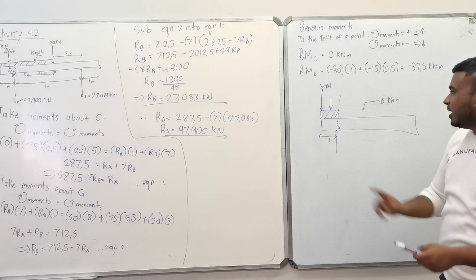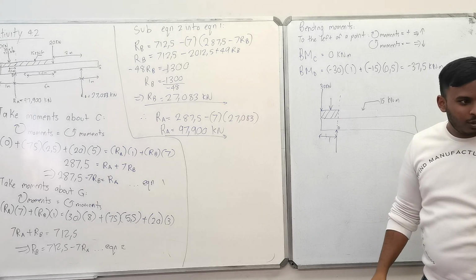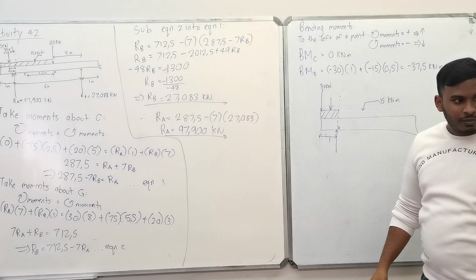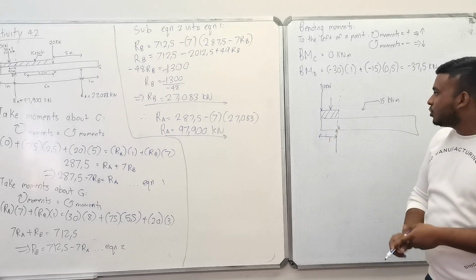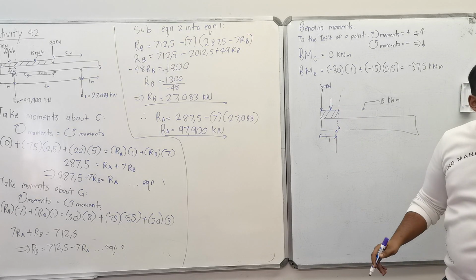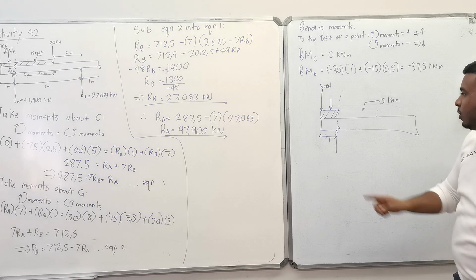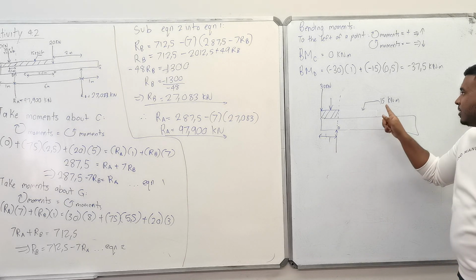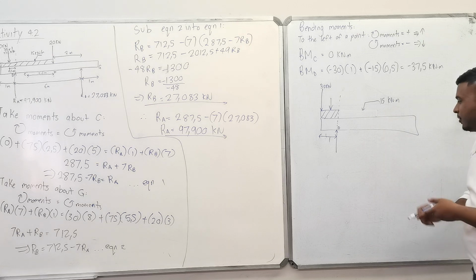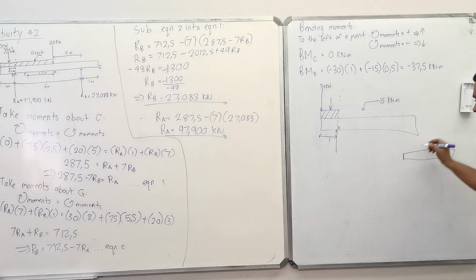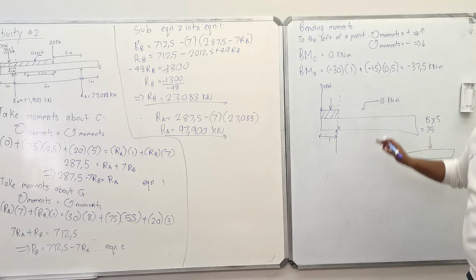So now what's the length of your uniformly distributed load? It's 1 meter, right? It's that portion there. So to work out the force and convert it into a concentrated load, you would have said 1 times 15 kilonewtons per meter. Because remember, for the 5 meters, you would have said 15 times 5, which gave you 75, but that was for the full length of it.